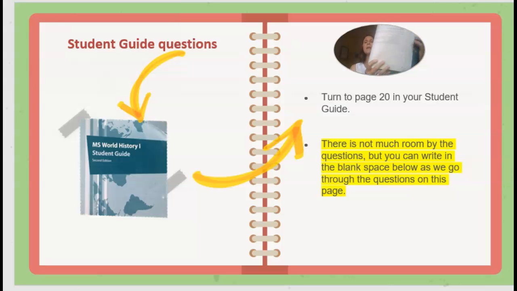Unfortunately, there is not a spot for you to write answers to those questions right after each question space, but there is a bunch of open space here on the bottom of the page, so you can fill it in there, or if you'd prefer, you can get a piece of notebook paper, write the questions and answers on the notebook paper, and then you can always staple it to this book, okay? So you should have that student guide turned to page 20. If you don't, please pause this video and go get it.